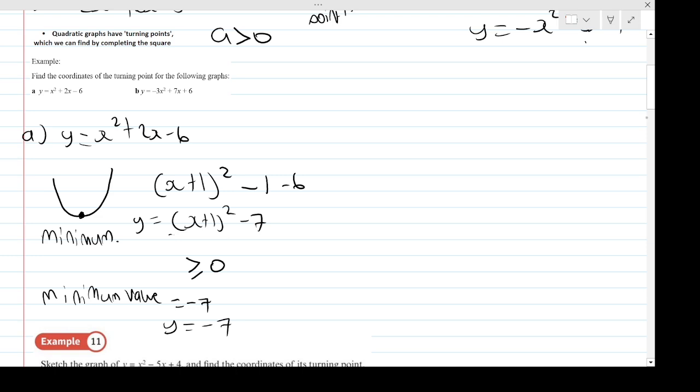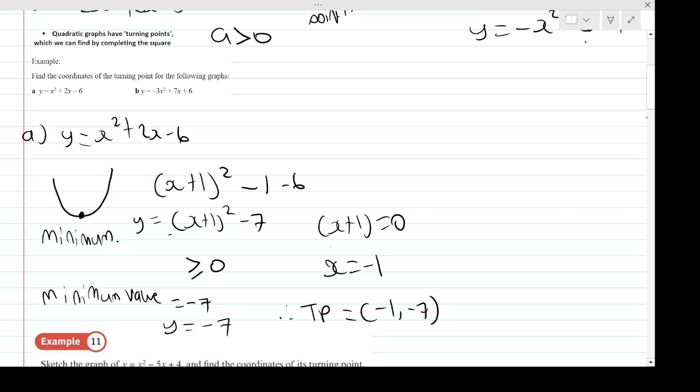Well, when the bracket equals 0, that means x plus 1 has to equal 0. So when it hits the minimum at minus 7, the bracket part containing x has to be 0 for the whole square number to be 0. So then x would be minus 1, and that's your x coordinate. Therefore, the turning point, or TP, is minus 1, minus 7.